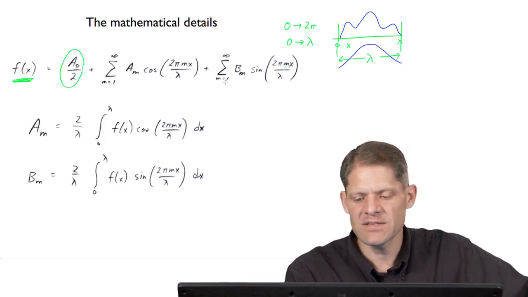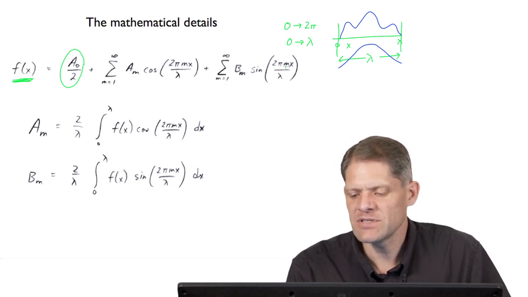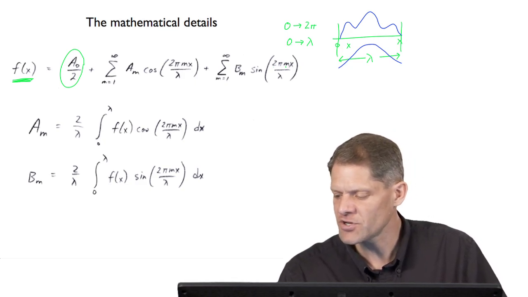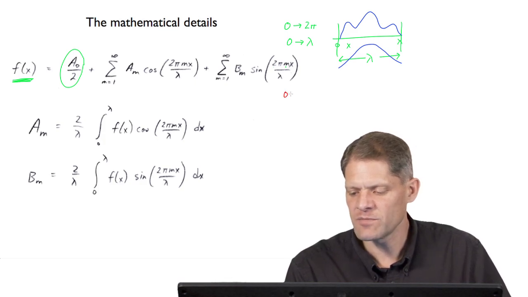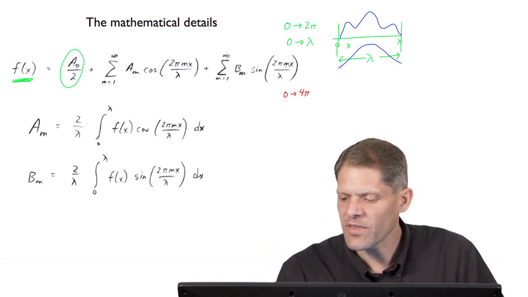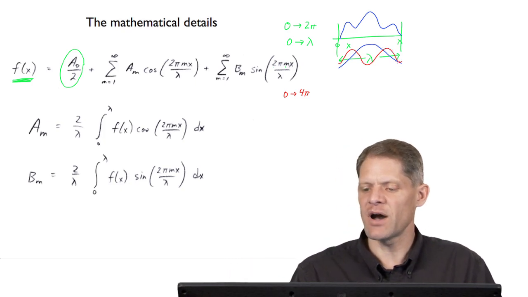Then when m advances and is 2, that's the second sine wave. And when m is equal to 2, as x goes from 0 to 1 wavelength, I'll change colors, then the argument of the sine will now go from 0 to 4 pi, meaning that the sine function will oscillate twice. And so that's a wave that is going to have two oscillations across the box.